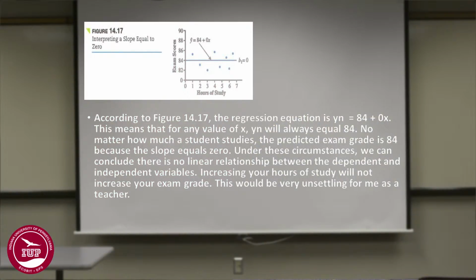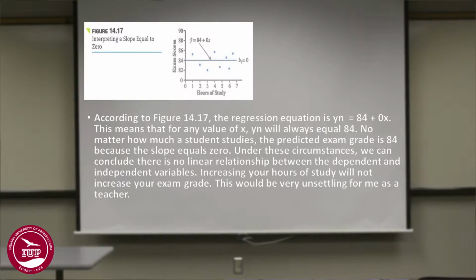According to figure 14.17, the regression equation is y cap equal to 84 plus 0x. This means that for any value of x, y cap will always equal 84. No matter how much a student studies, the predicted exam grade is 84 because the slope equals 0.